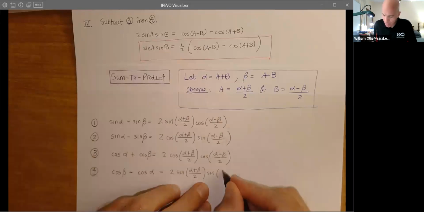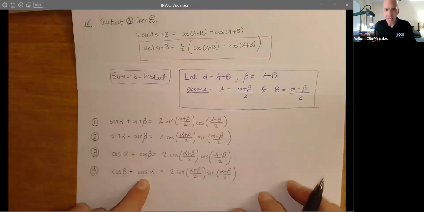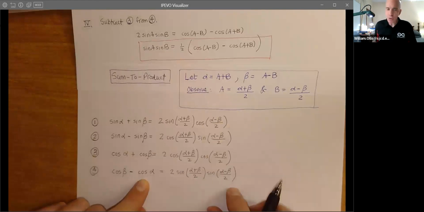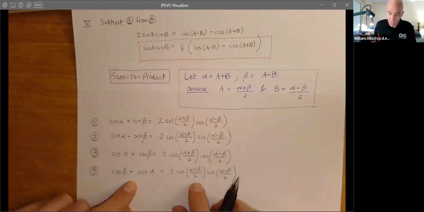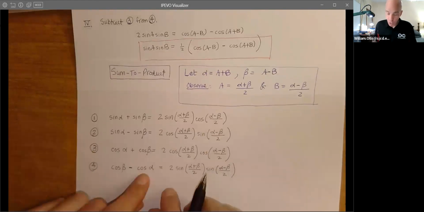Now you're thinking, Professor Ron, don't they want the alpha first? And they do. They usually like that cosine alpha to be written first. So you hit both sides with the negative. If you wrote it this way, it's equivalent. But in the literature, they will hit this with the negative so the cosine alpha term is first.